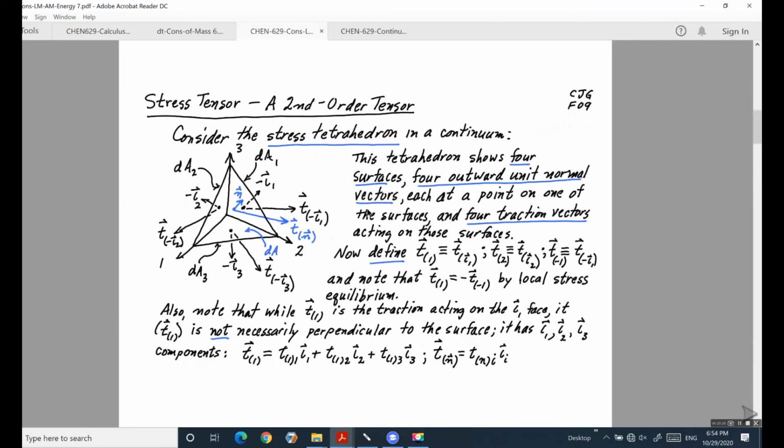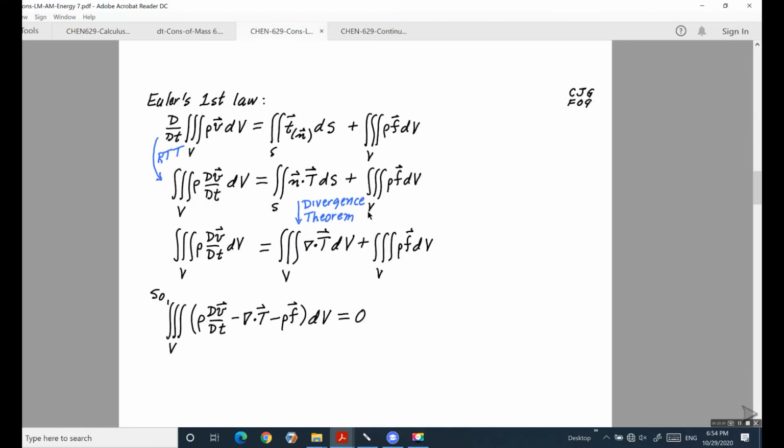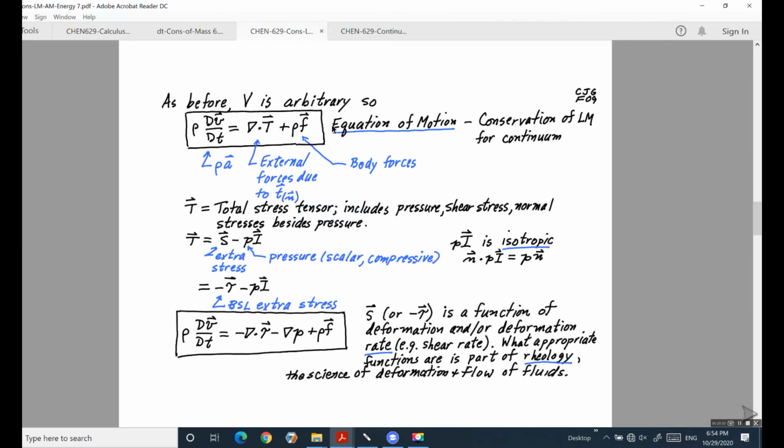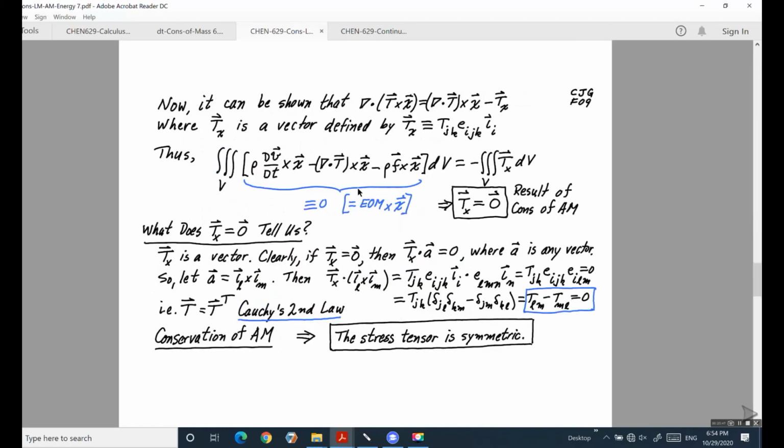Sorry, this is our equation of motion, conservation of linear momentum, and we can also write it in this form. We can open this stress tensor. We can write angular momentum in this form here.